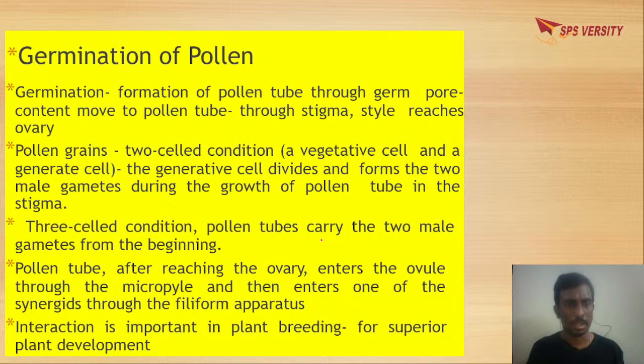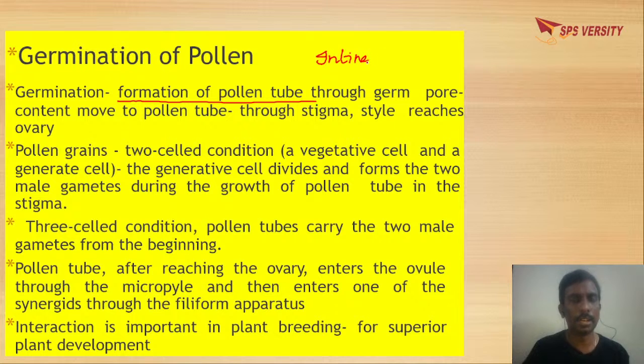Okay. So now, by overcoming all these barriers, the pollen grain has reached the stigma and has started germination. What is meant by germination? Germination means formation of the pollen tube. From where is this pollen tube formed? The pollen tube is formed from the intine of the pollen grain.